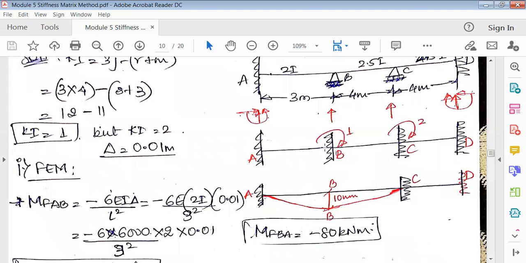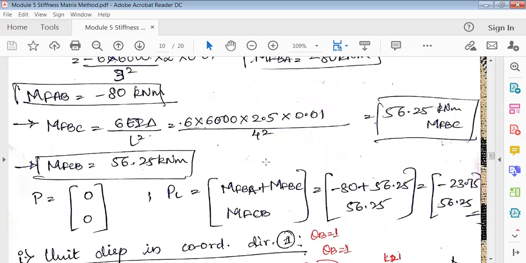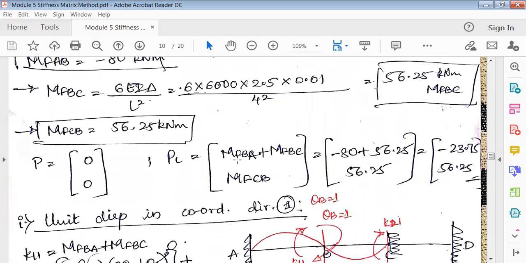Next MFCD, only the member which is bending we take, that is MFCD equal to 0. See here, MFBA, MFBC, add these. Then MFCB, which we have already calculated. So PL is, in both directions, minus 23 and 56.